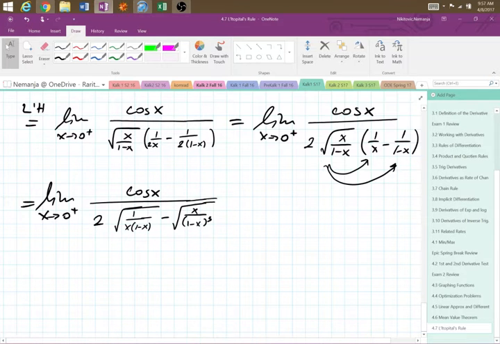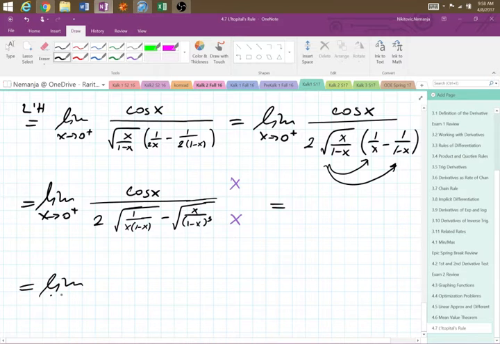So I'm not worried about terms 1 minus x. It's this x over here that's really a problem, because again, that still gives us infinity. So if I multiply top and bottom by x now, to try to get rid of that, it's going to be x squared there, but that's okay.